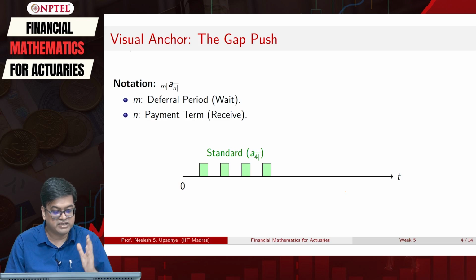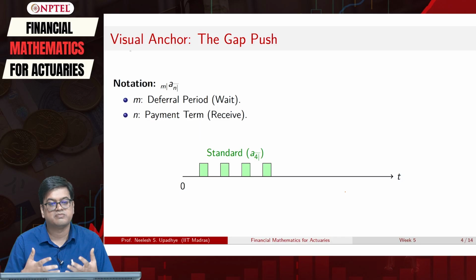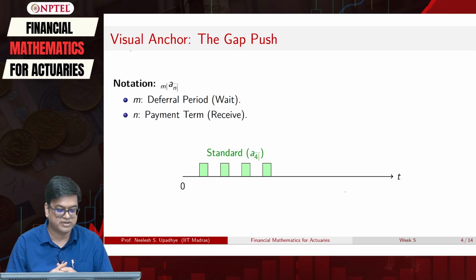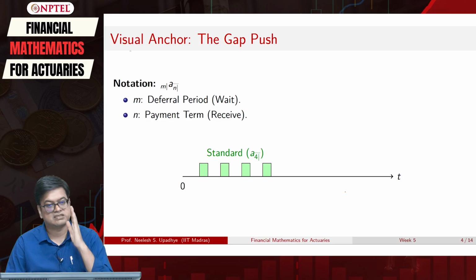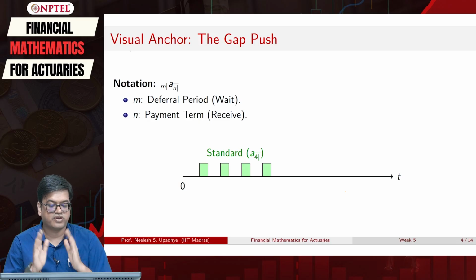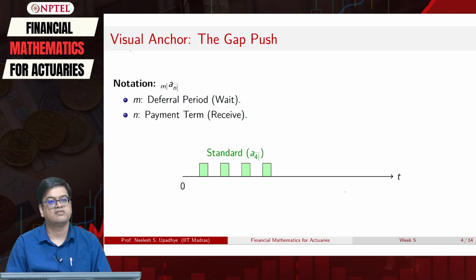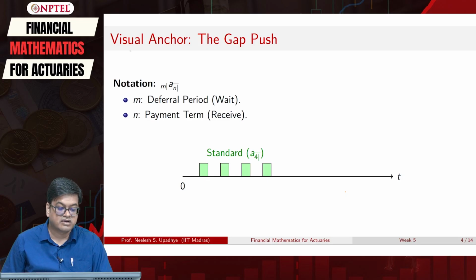M is my deferral period and N is the payment term over which I want to receive this annuity. Let us contrast this with a standard annuity, where the payment starts at time point 1 and continues up to time point 4. This is called a angle 4, an annuity immediate for 4 years.